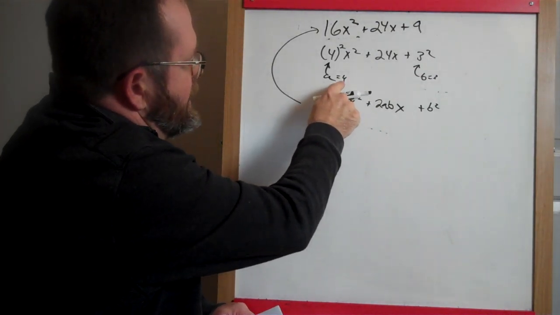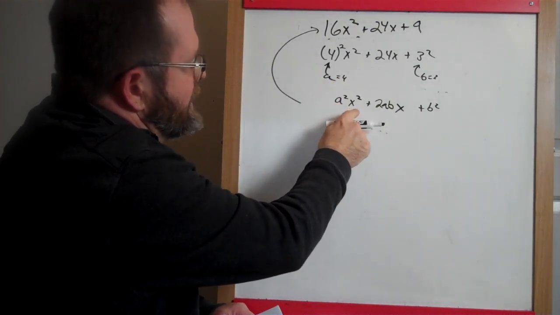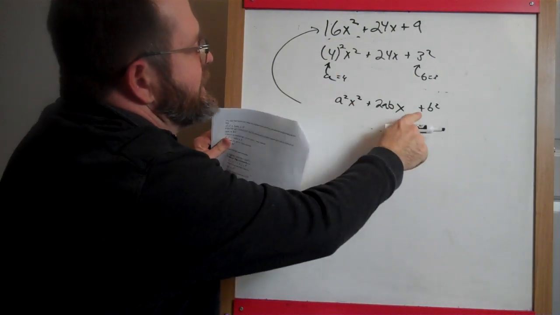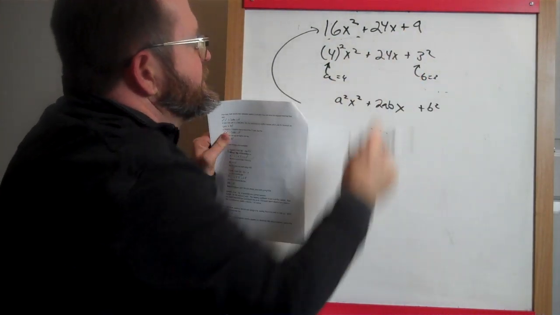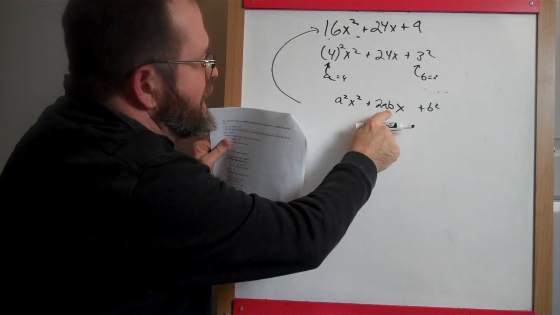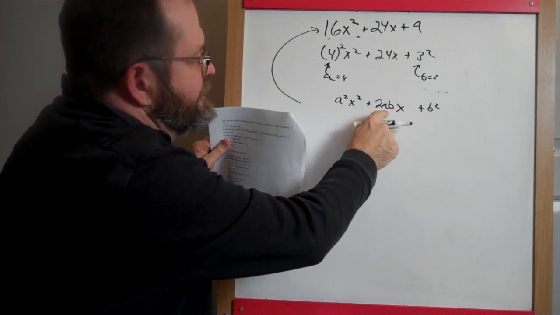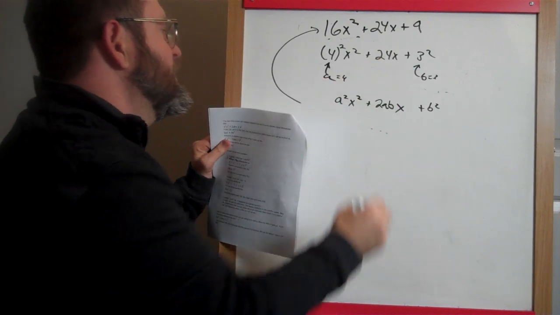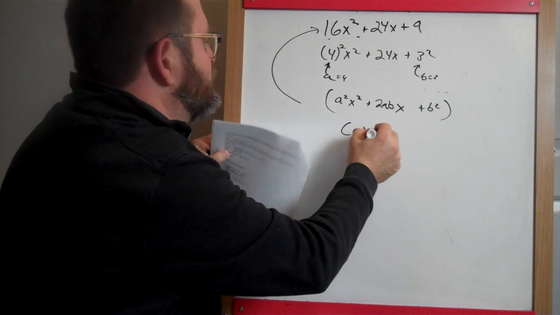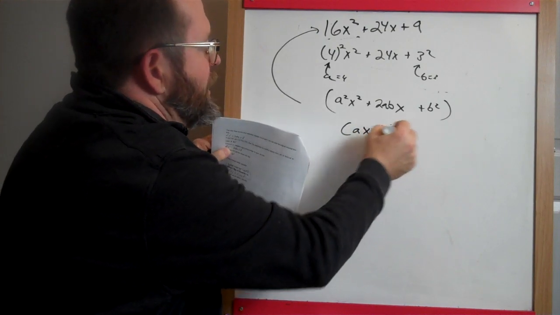If this works, let's double check. Is the first term, with a equals 4, 4 squared times x squared, 16x squared? Good. Is this last term 3 squared? Yes, it's 9. Is this middle term 2 times 4 times 3, which is 24? Yes, it is. Okay. If that's true, then the factors are just ax plus b, squared.